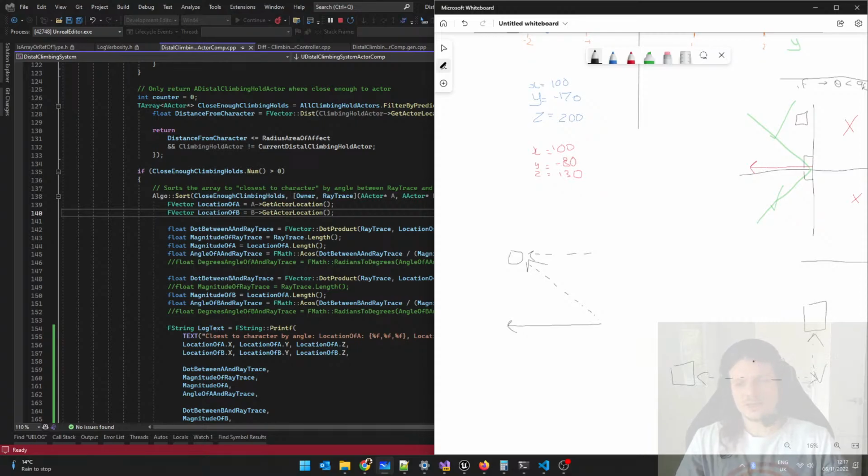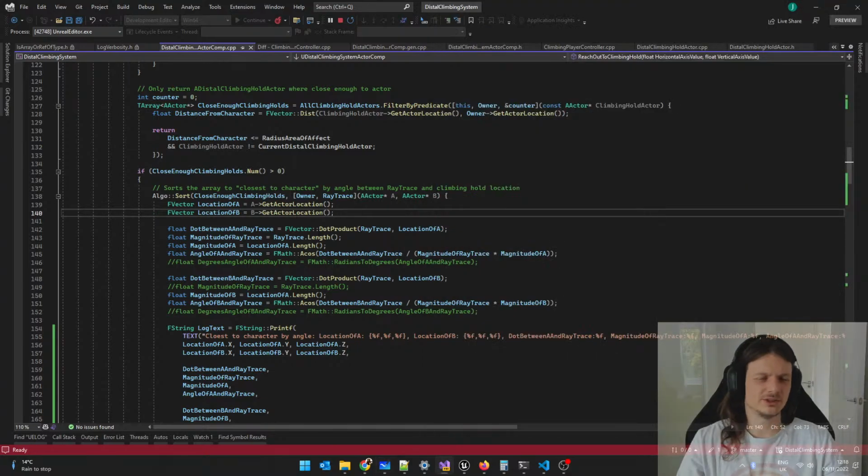And so when it's trying to choose, it's doing it from here to here, and so this one's always going to be closer because it's got this farther to travel, this distance to travel. Okay, well I don't have that problem yet.